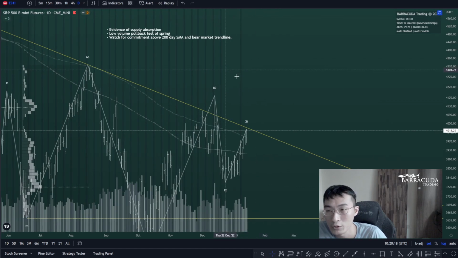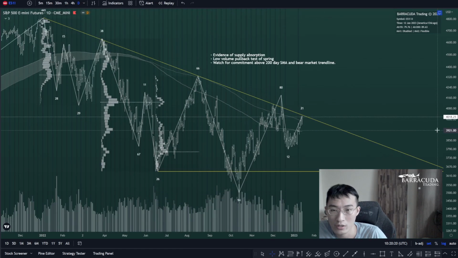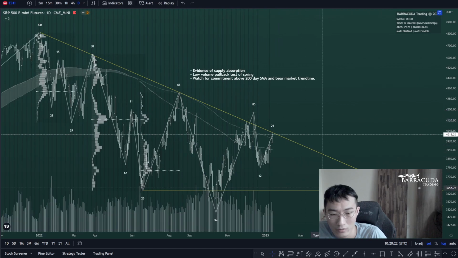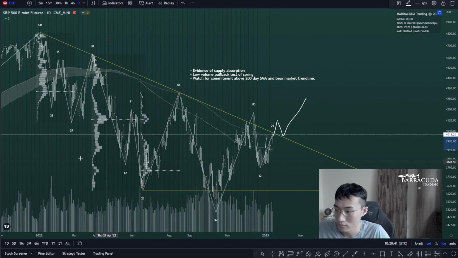So we have to watch. It might still fail. That means the price does this, and goes down again. We don't know, but for now, it looks like the price is trying to commit above this bear market trend line, and also retest it, right? So if the MA were to curve upwards, I think that's a magnet.